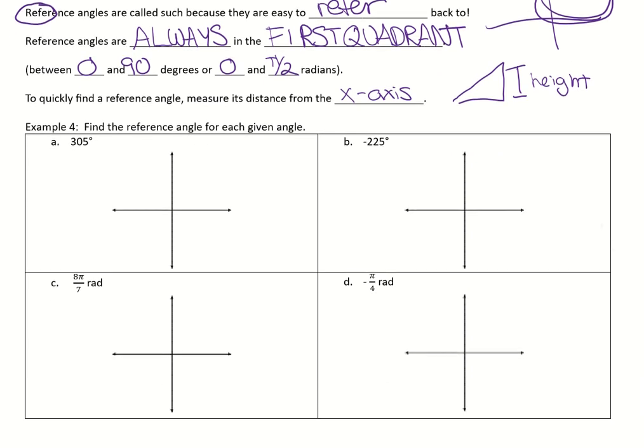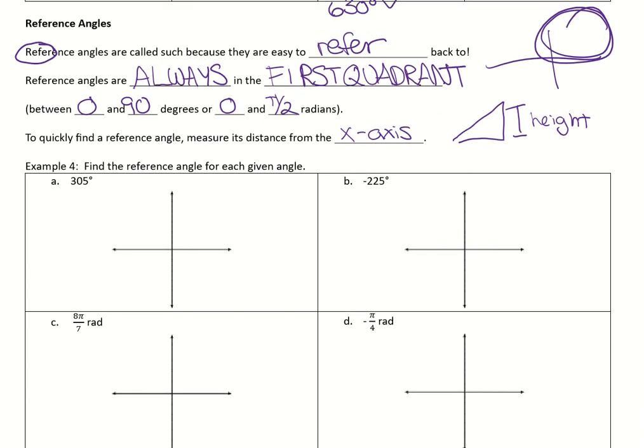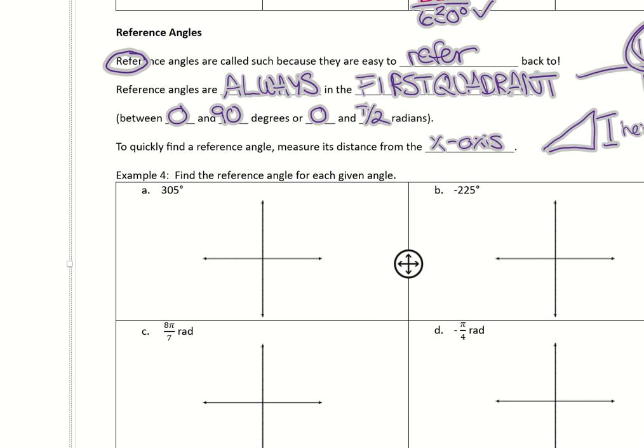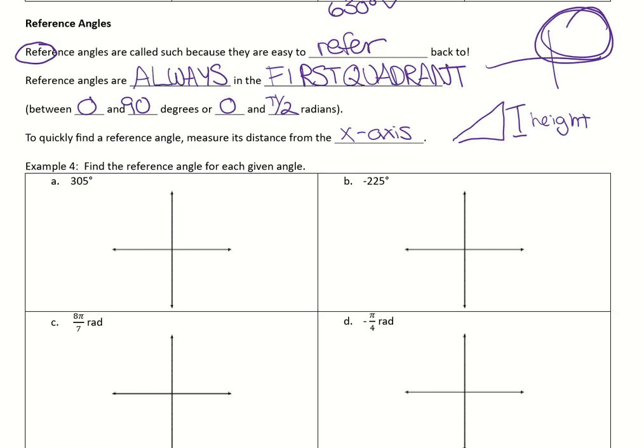So let's do it. Let's start with 305 degrees. If we graph 305 degrees, we start with standard position and then we go around this way. And this is our angle of 305 degrees. So we want to know this right here. So you can even think about this as a triangle. And if we were to reflect that same triangle up in the first quadrant, what would the measure of it be? You need to know what this height is right here. So what is that height?